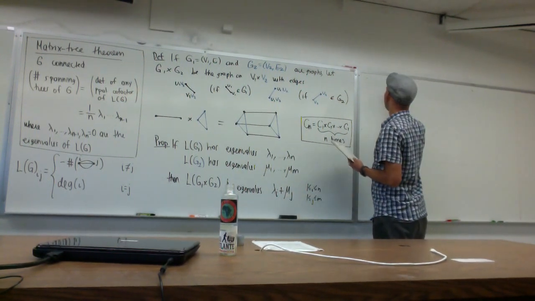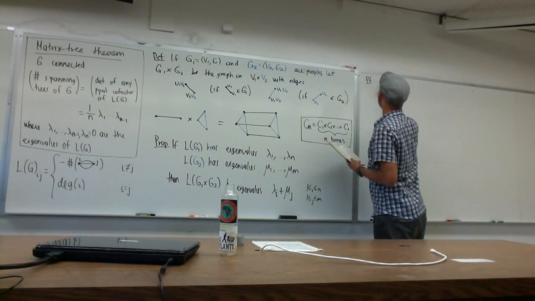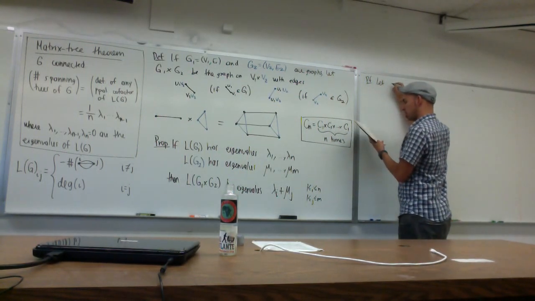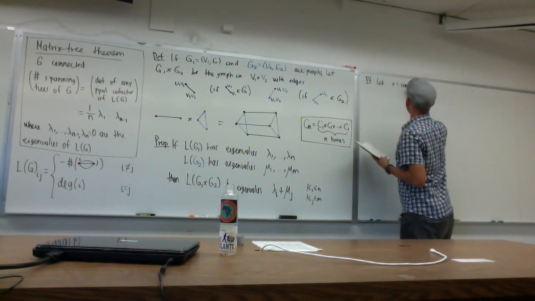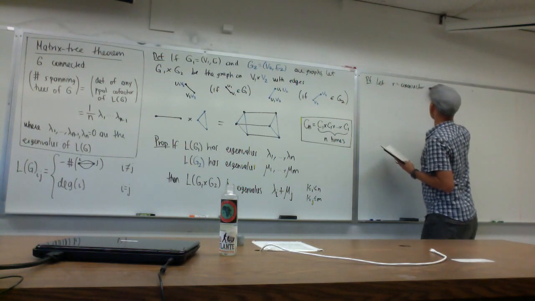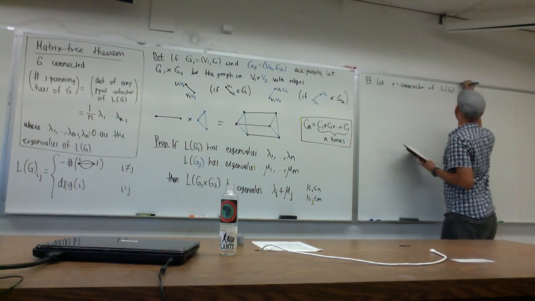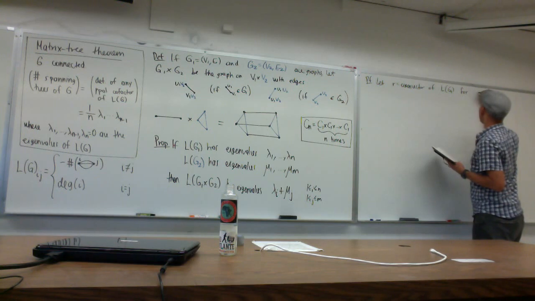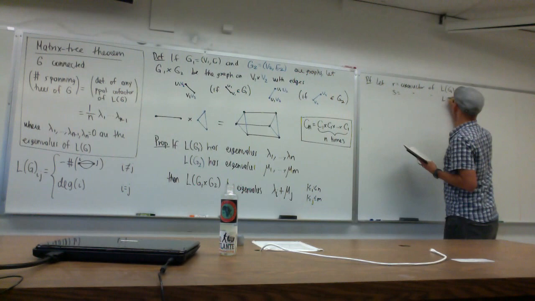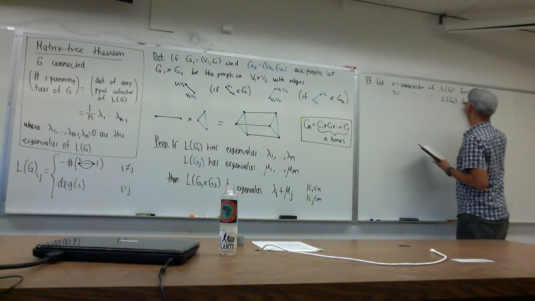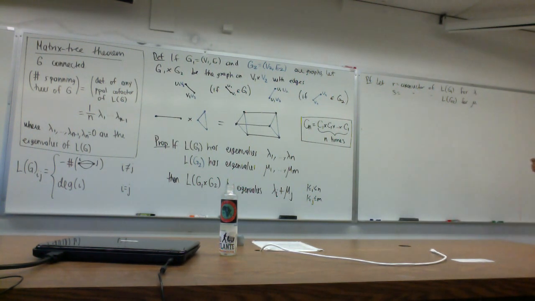So to do that, let R be an eigenvector of L of G1 for eigenvalue lambda, and S be an eigenvector for the Laplacian of G2 for eigenvalue mu. Okay? And now I need to show that lambda plus mu is an eigenvalue for these guys. So what I'm going to do is cook up an eigenvector.